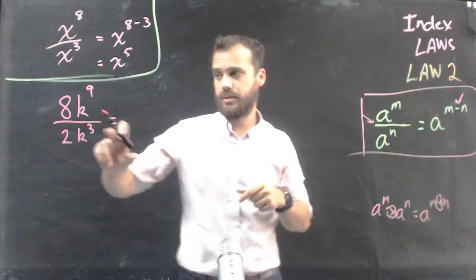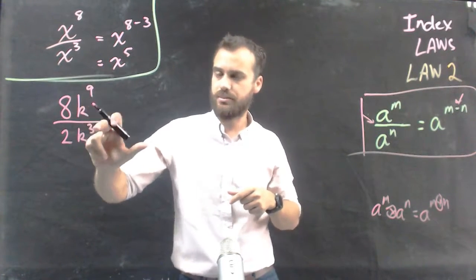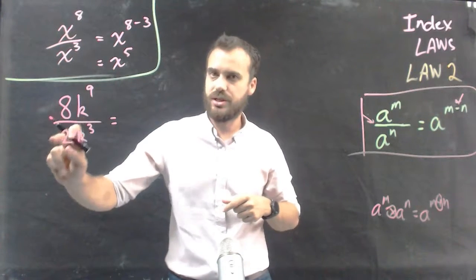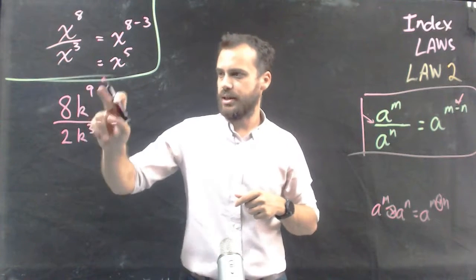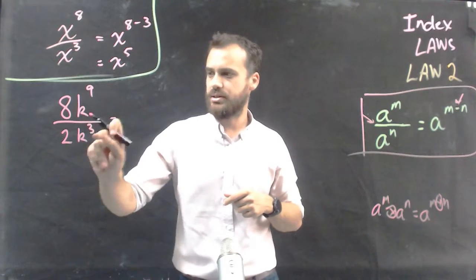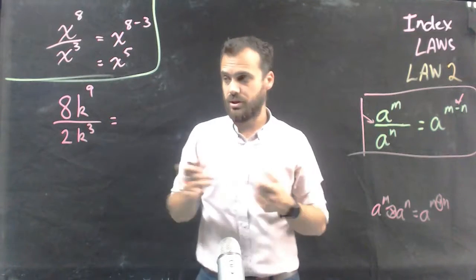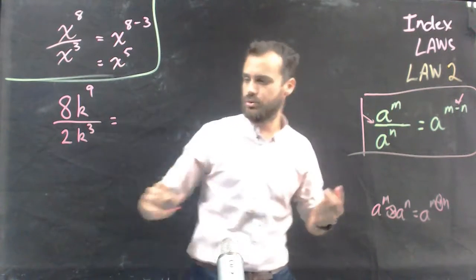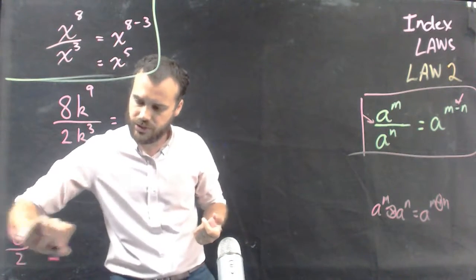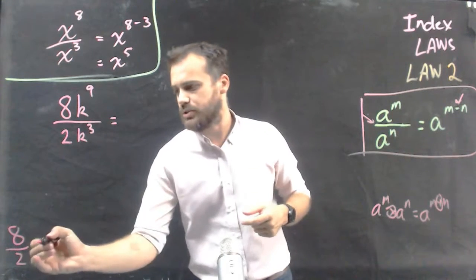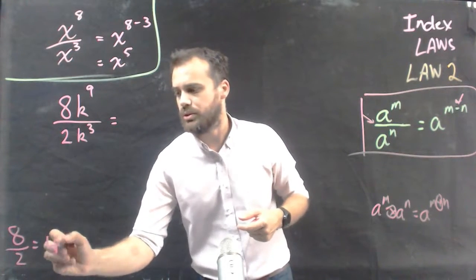In this second example, not only do we have things raised to the power, but we've also got some integers here, some numbers here. 8k to the 9 divided by 2k to the 3. You can treat the numbers as you would normally. So if you saw the question 8 divided by 2, I am sure that most of us could say, okay, 8 divided by 2 is 4.